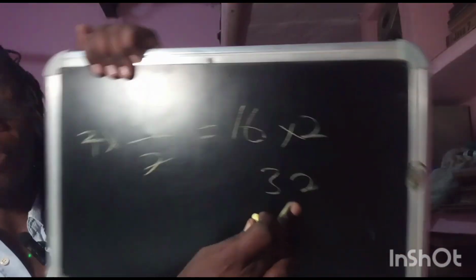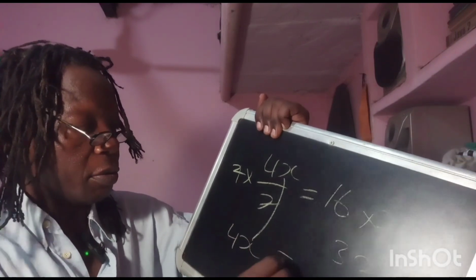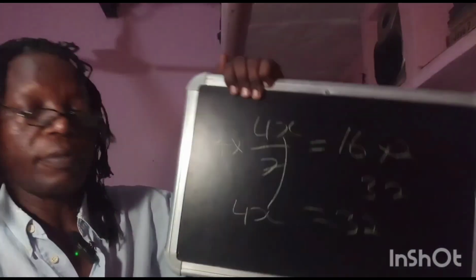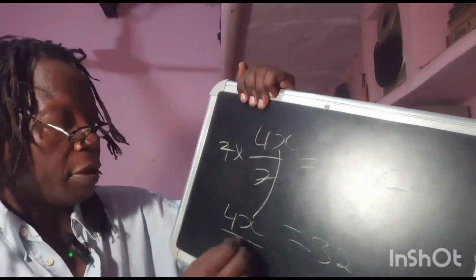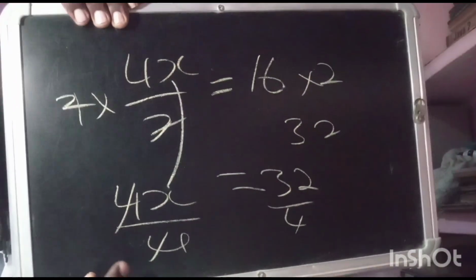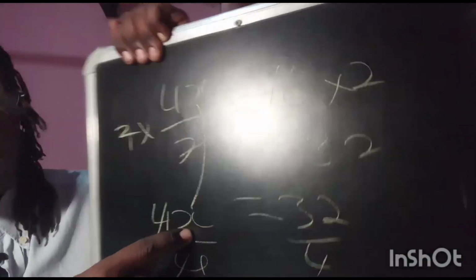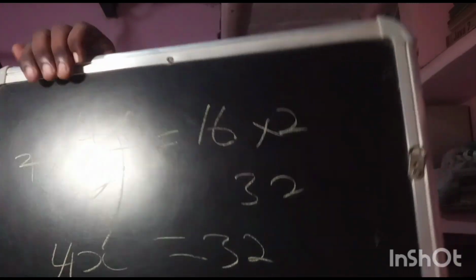Will be 32, okay? And this one we transfer down here, so 4x equals 32. So we're going to divide by 4 on both sides. This 4 and 4 will cancel, and then we're left with x, which is equal to 32 divided by 4.